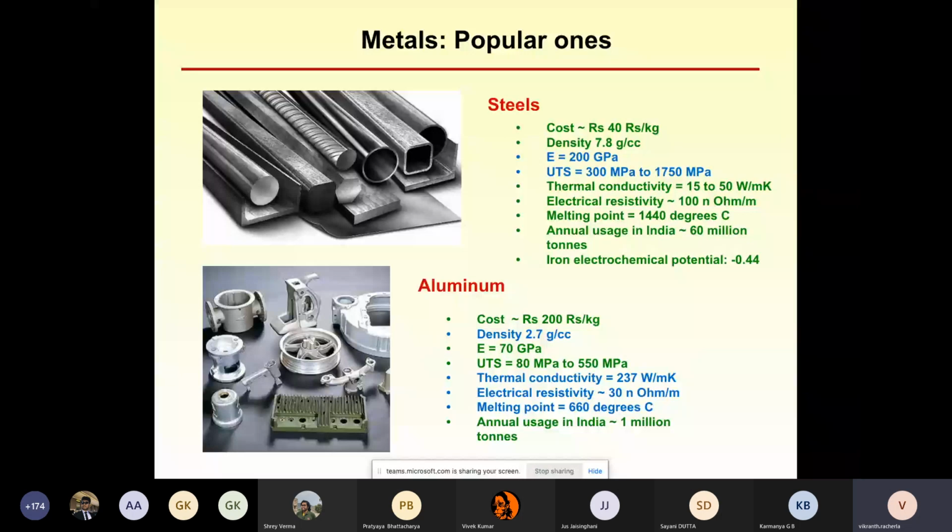If you take low carbon steel, can you give me some examples or applications of low carbon steel? Where is steel used most widely? The steel which is produced by the steel mills, where does most of it go?